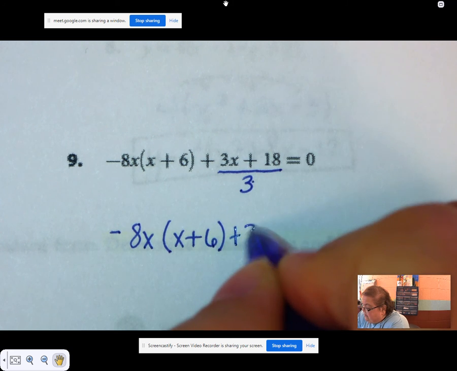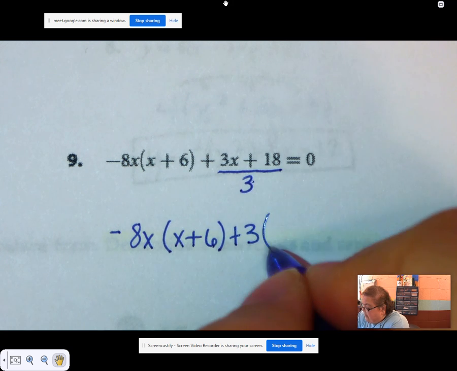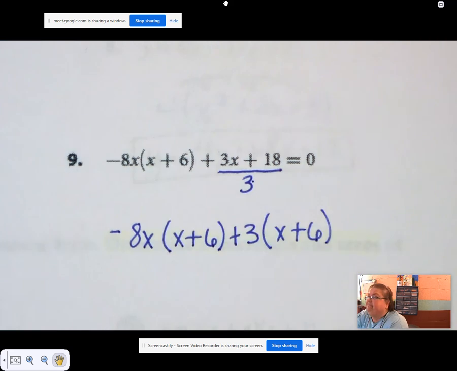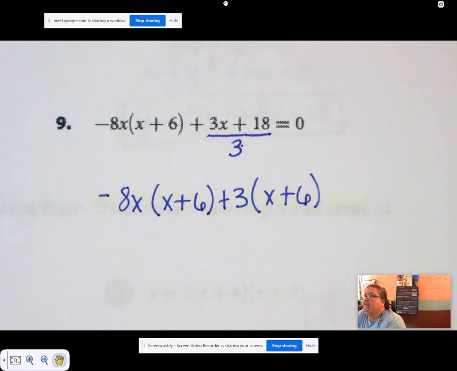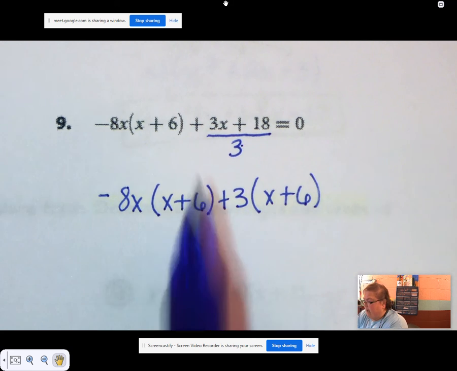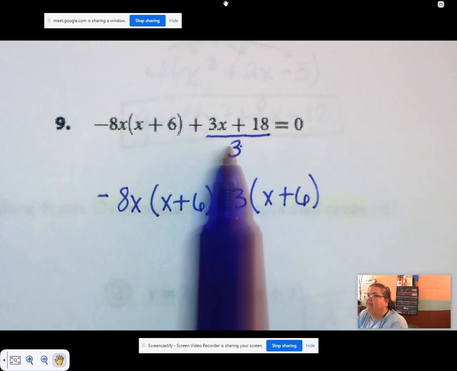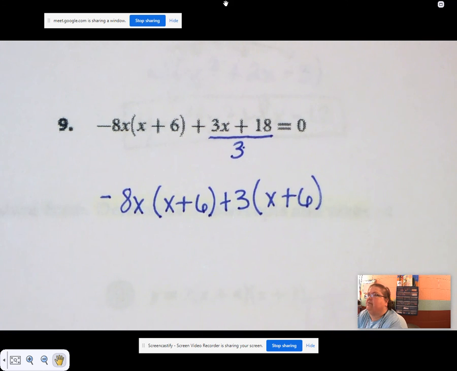This is a positive 3. What I divide by goes on the outside, x plus 6. Like I said, we're going to work with that more tomorrow. I just kind of want to throw that out there to you. So if you don't have two matching binomials, find a factor that you can divide into those.